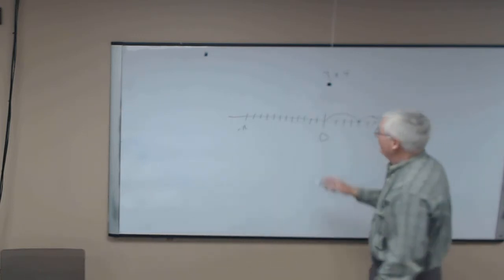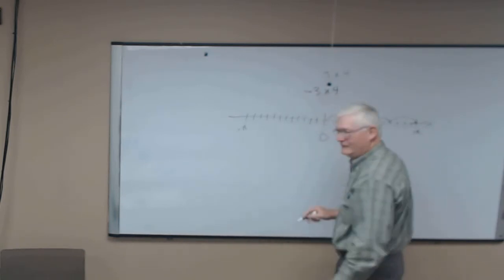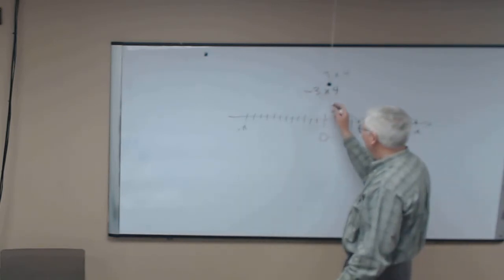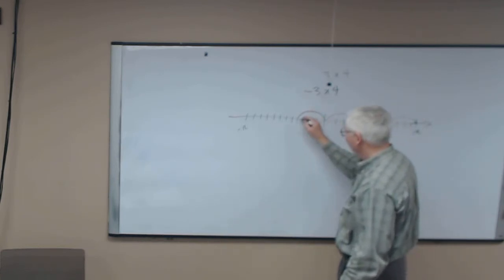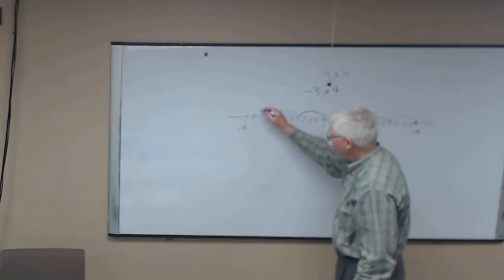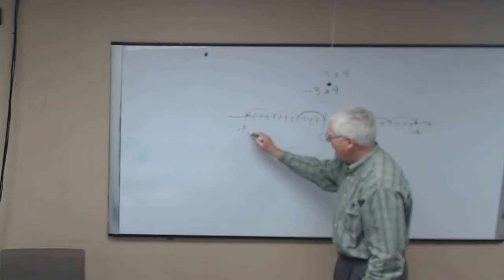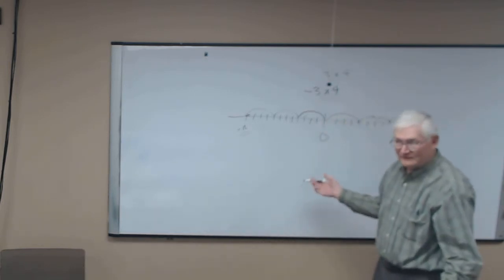Agreed? So what's negative 3 times 4? That would be negative 3 moves of 4. Everybody follow that? That would be negative 12. That makes sense, doesn't it?